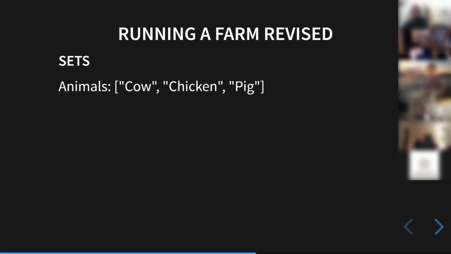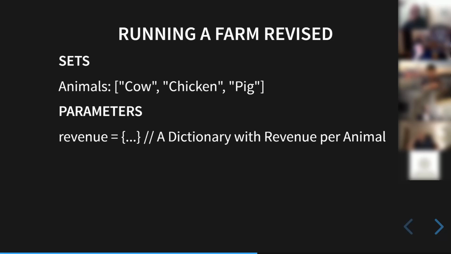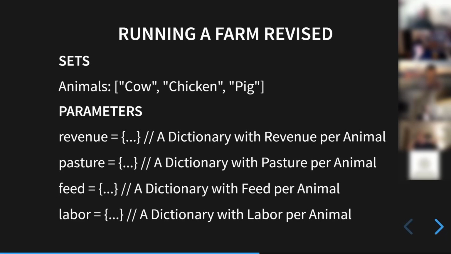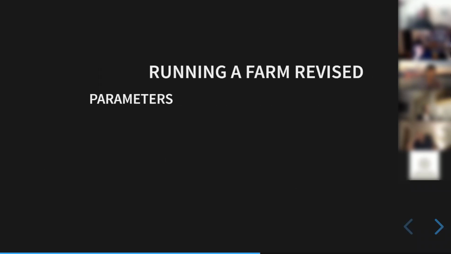So I'm going to revise that farm example into something that's going to scale much more easily. I have my sets, so now I have a set of animals, which is cow, chicken, and pig. And I have parameters, which is revenue, a dictionary which I index by animal, and there's the revenue associated. Pasture for each animal, feed for each animal, and the labor for each animal.